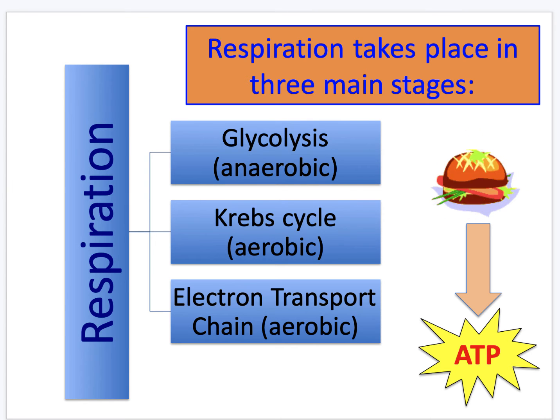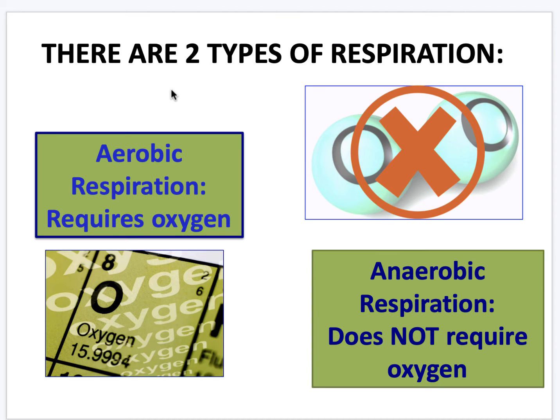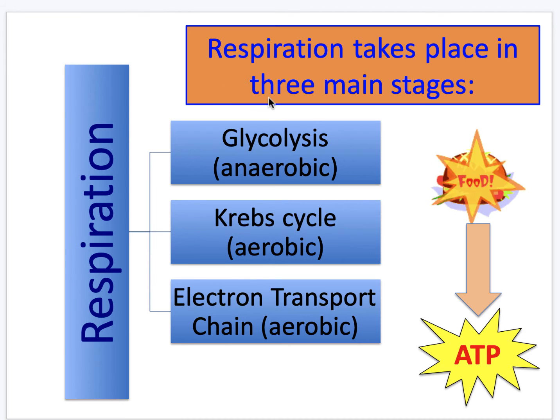It may seem a little confusing because right here we talk about there being 2 types of cellular respiration: one is aerobic, needing oxygen, and one is anaerobic, does not require oxygen. However, when we talk about the 3 main stages, the first one is glycolysis, and that's how they all start.